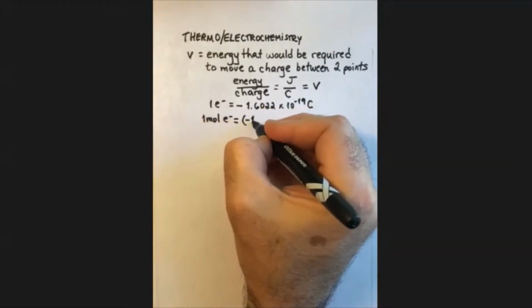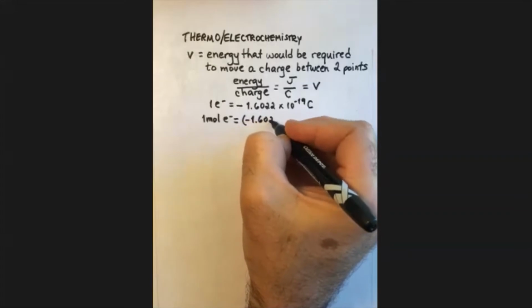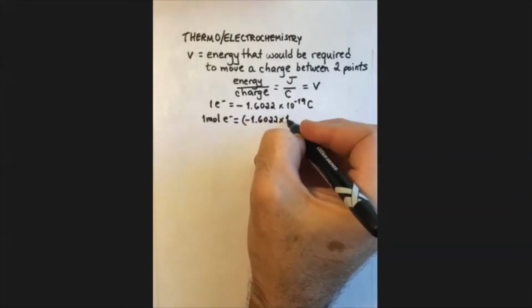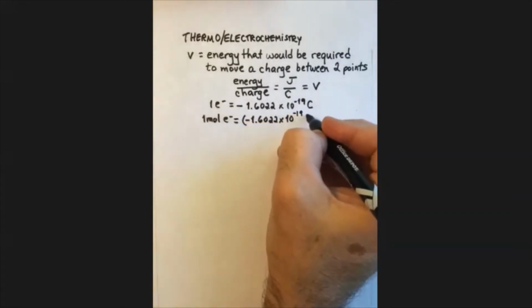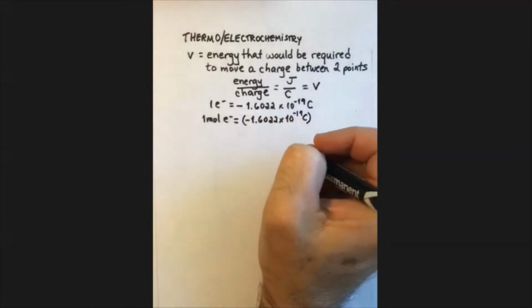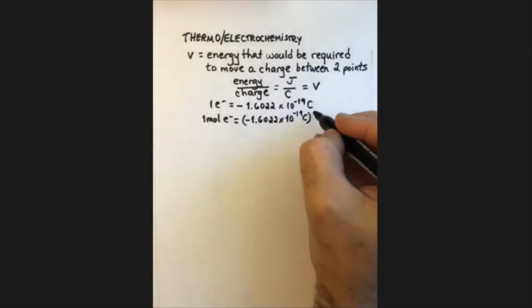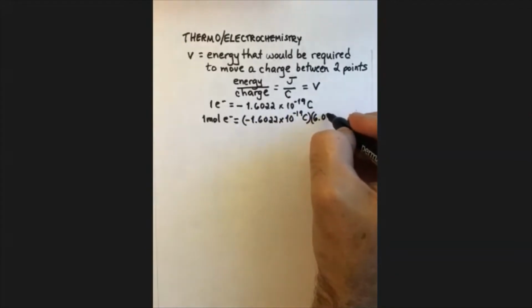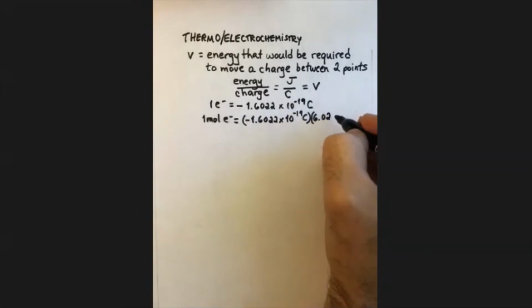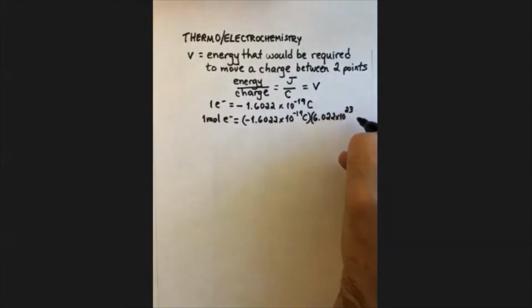Well, that would be minus 1.6022 times 10 to the minus 19 coulombs, right? Times Avogadro's number, 6.022 times 10 to the 23rd.